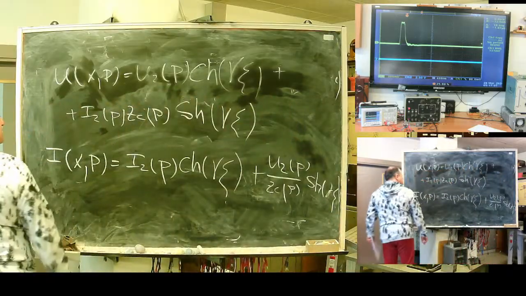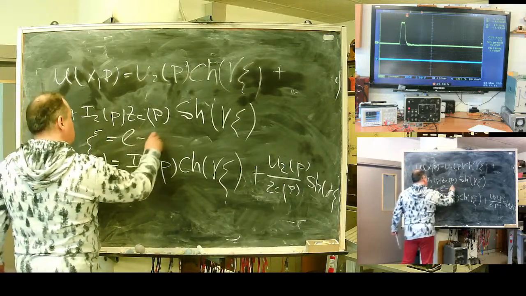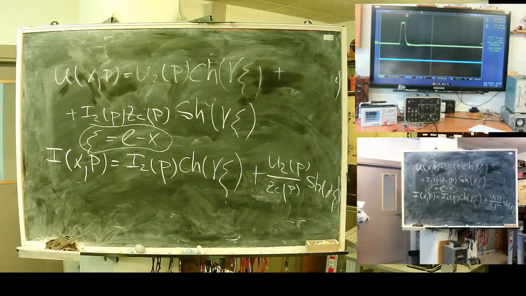Who is xi? Xi denotes L minus x. Two nice equations.